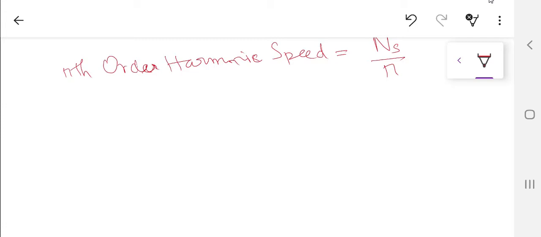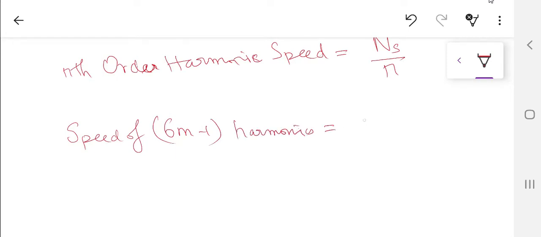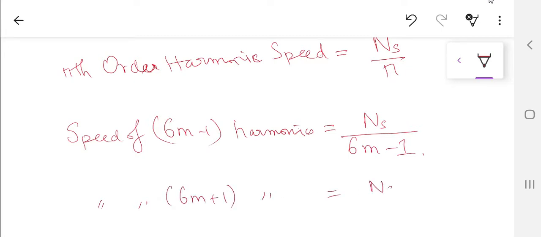So the speed of the 6m minus 1 harmonic is going to be equal to Ns divided by 6m minus 1, and the same formula for the 6m plus 1 harmonic is going to be equal to Ns over 6m plus 1.